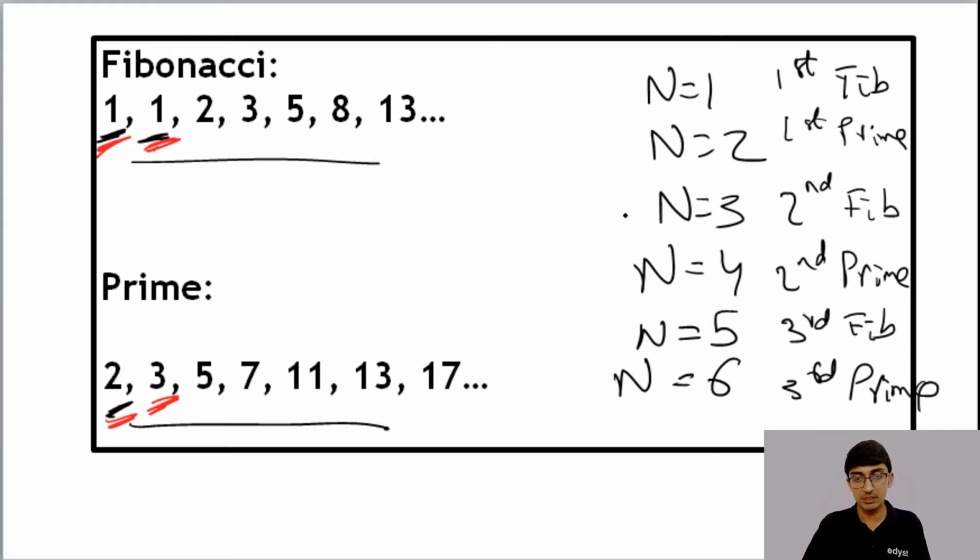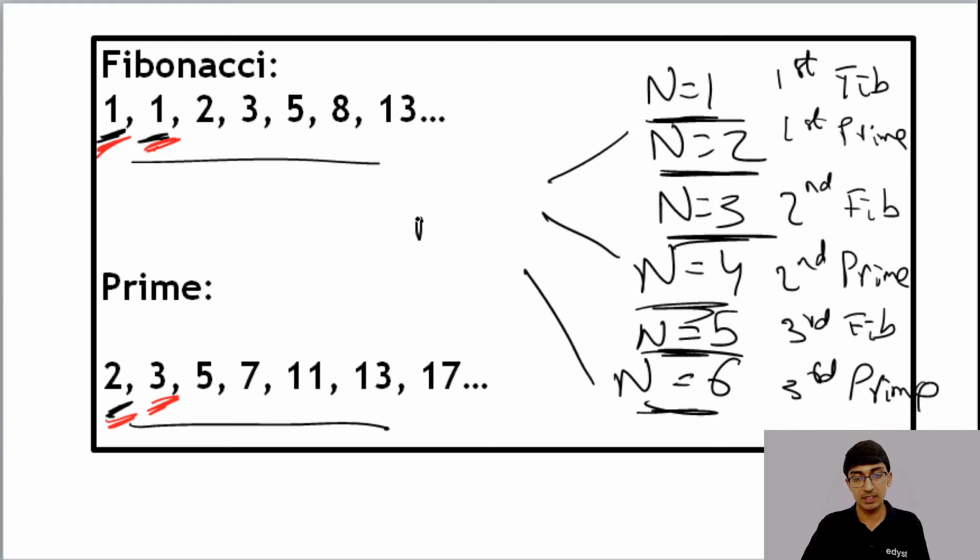Well, it's a pretty simple pattern. If you have an odd number, we have to print Fibonacci, that we know. And which Fibonacci number should we print? We'll come to that. But for the prime number, it's pretty simple. If it's an even number, we have to print a prime number, and that prime number is nothing but the n by 2th prime number, right?